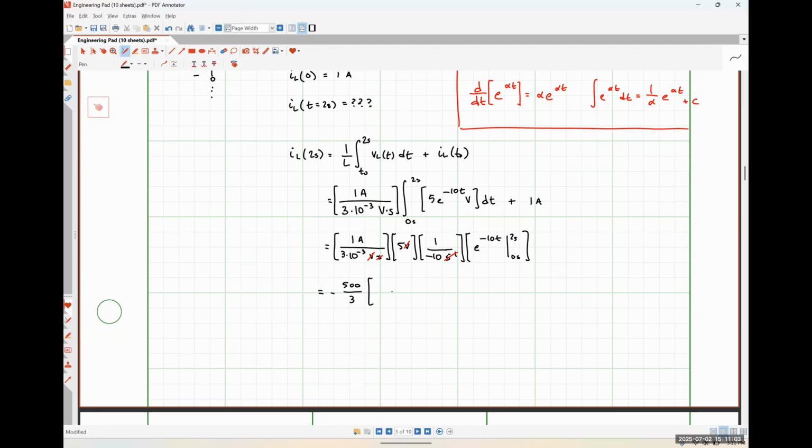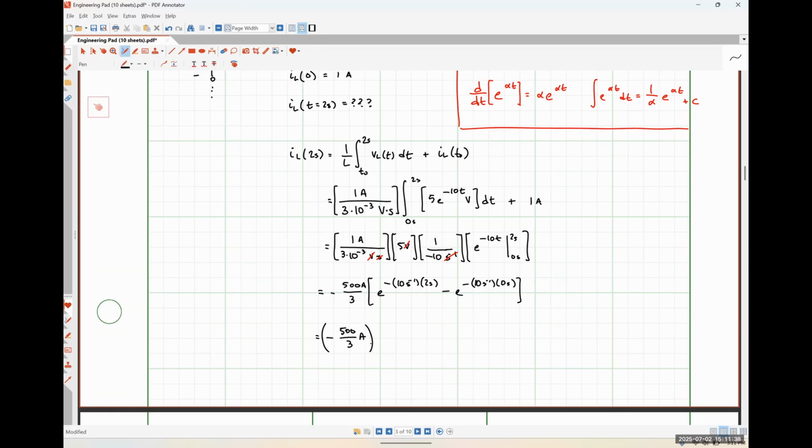Now I'm going to have e to the minus 10 per second times 2 seconds, minus e to the negative 10 per second times 0 seconds. So that's negative 500 over 3, and that should be amps there.